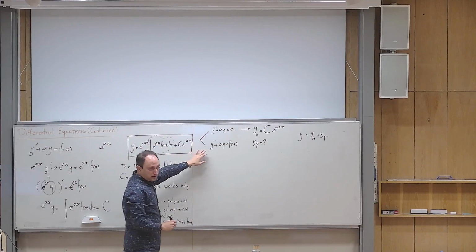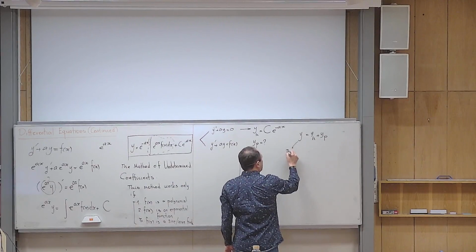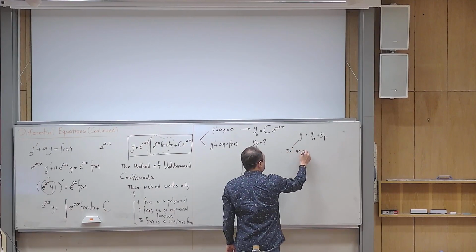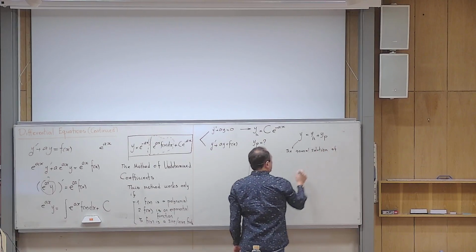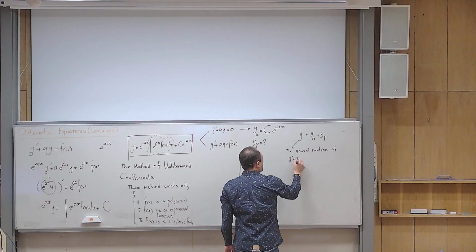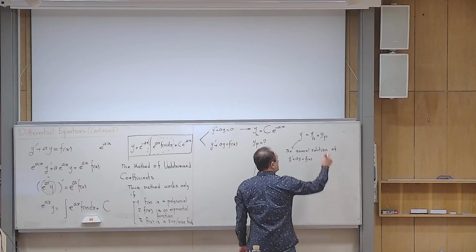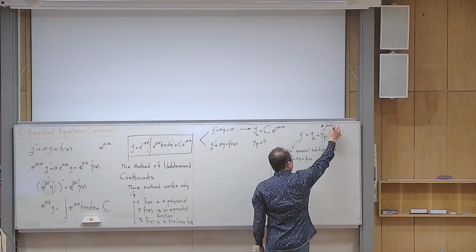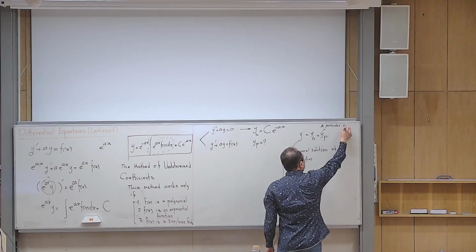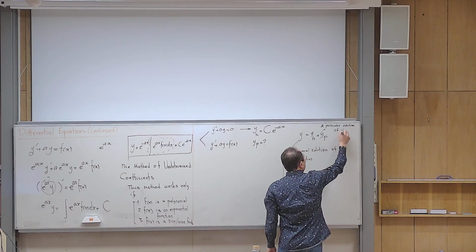We also proved why this is true. So this is the general solution of the equation y prime plus ay equals f of x. This one is a particular solution of the same equation.